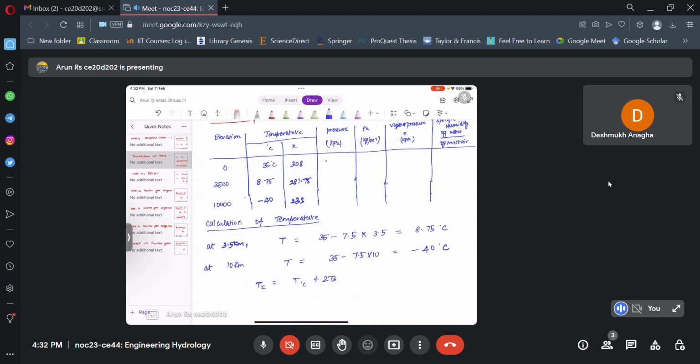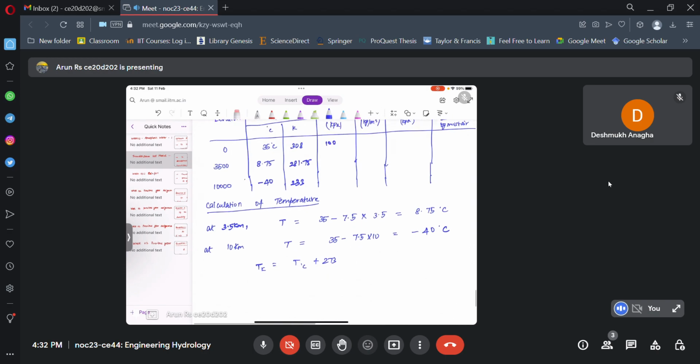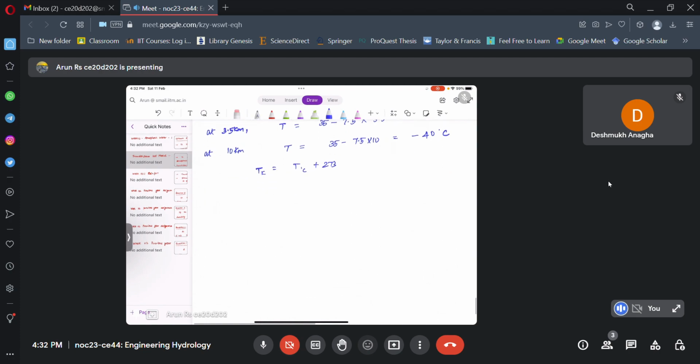At the ground level, the pressure is given as 100 kilopascals, and we need to estimate the pressure at different levels.